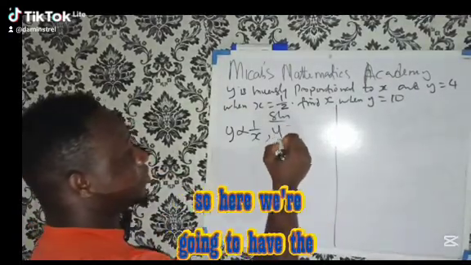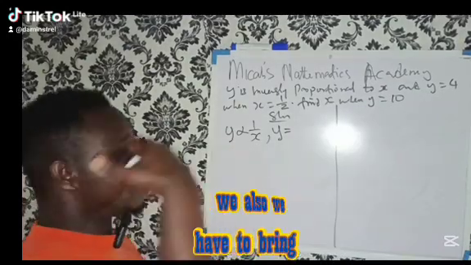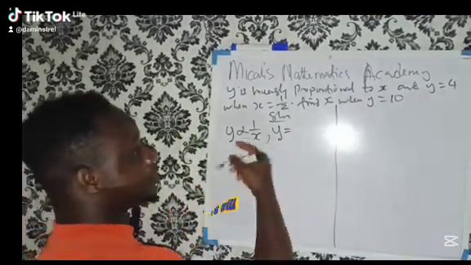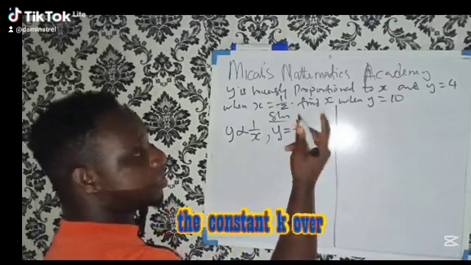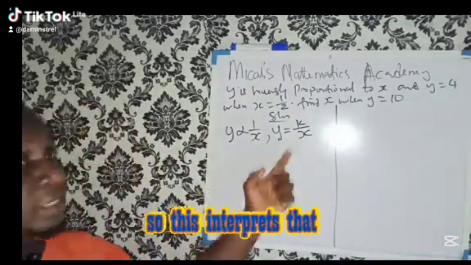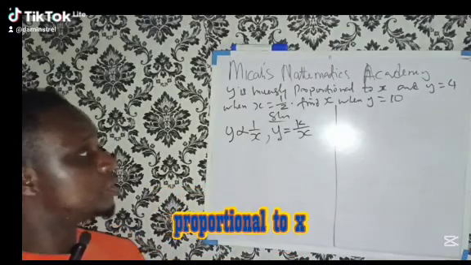So here we're going to have y equal to, because we have to eliminate this, we have to bring in the presence of a constant. So let's call the constant k over x. This interprets that we are saying that y is inversely proportional to x.